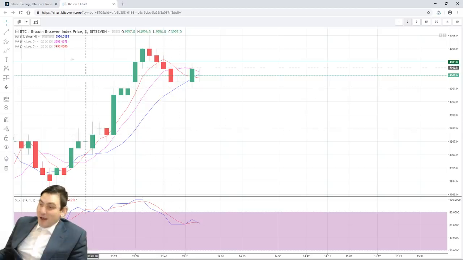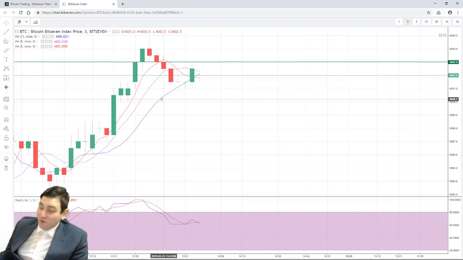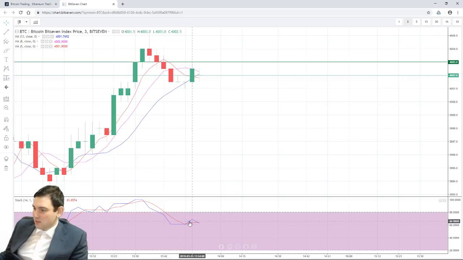But this big one, its moving average from the slower moving average, tells us that we have a chance.